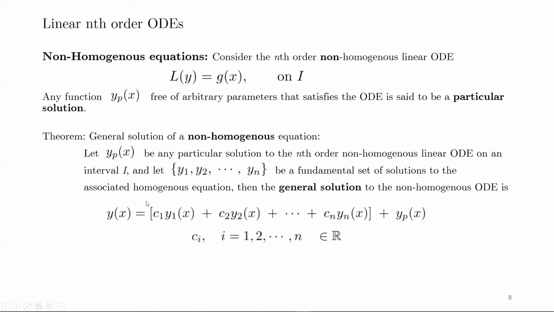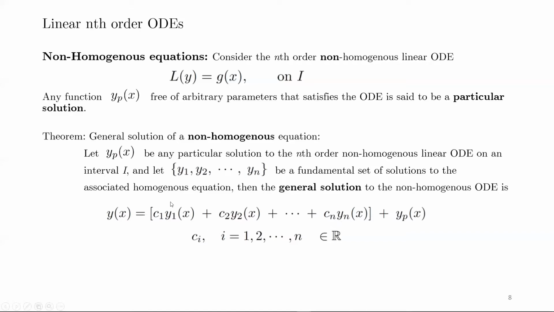So if we had a fundamental set of solutions to the homogeneous equation, so if this equation was L of y equals 0, then we could ignore this yp, and the general solution to the homogeneous equation would be some constant c1 times y1, plus some constant c2 times y2, plus and so on, plus some constant cn times yn.